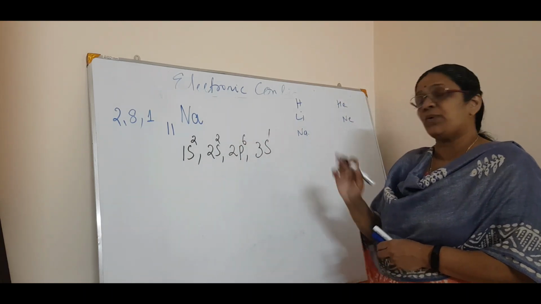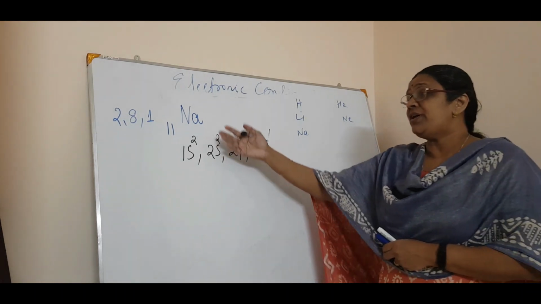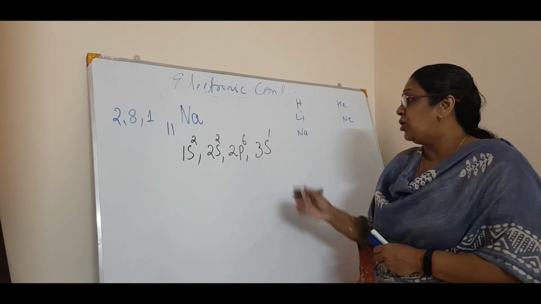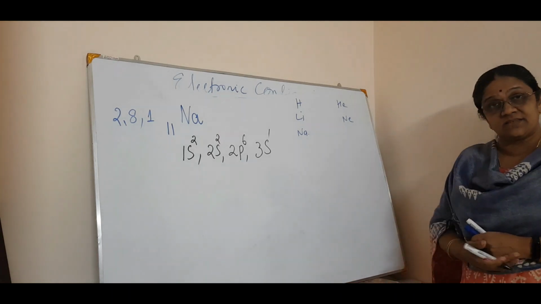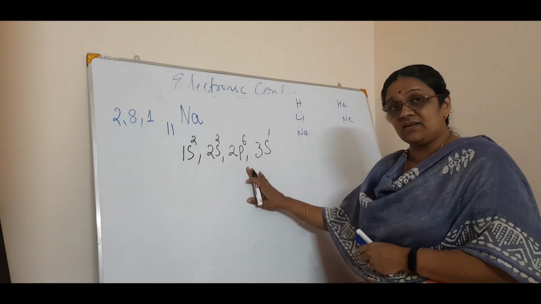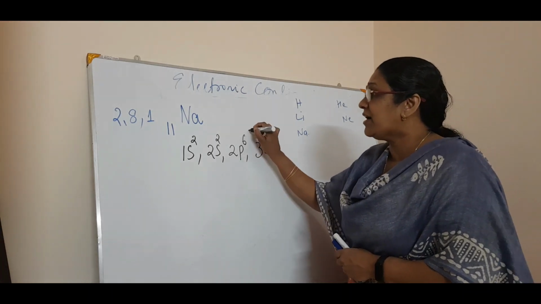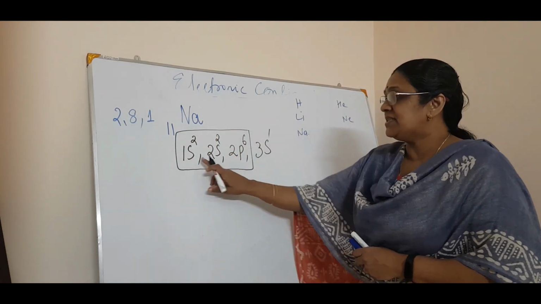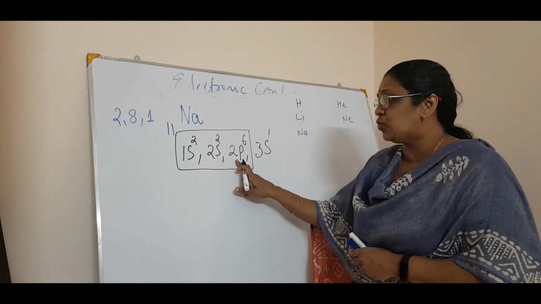So yes, 3s1. See, if an element has a high atomic number, you would have to go on writing all this. Now what you can do in this case is, you have a complete shell here. That is 1s2, 2s2, 2p6.